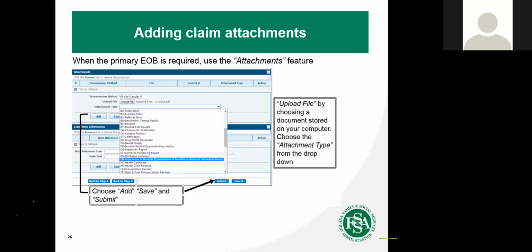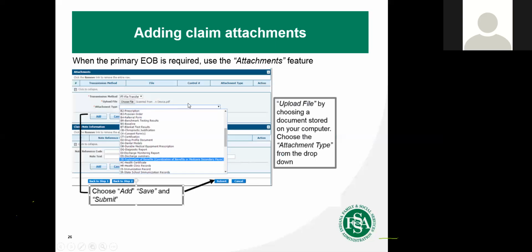So when you click to add the attachment, the transmission method is going to say file transfer, and there's also a drop down there where you can choose by mail like we used to do in the old system. So if you don't have a way to file an attachment transfer, then you can do it by mail, but we're going to talk about the transfer.